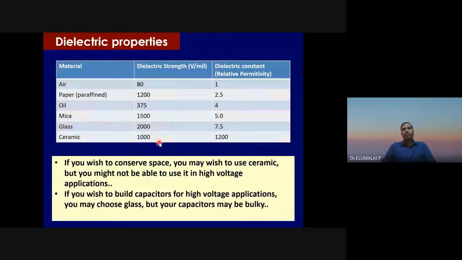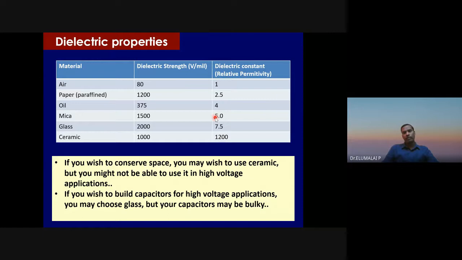You see here, the dielectric constant of air, otherwise known as relative permittivity, is only one, whereas for ceramics, how many orders? Three orders increase in the dielectric constant. Literally, you will be increasing charge storage by at least three orders if you just move from an air dielectric to ceramics.